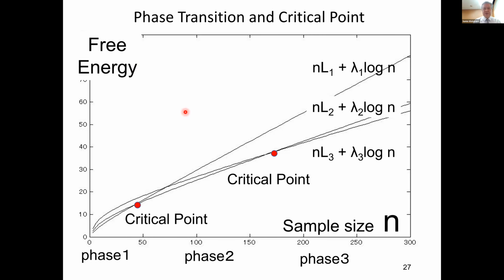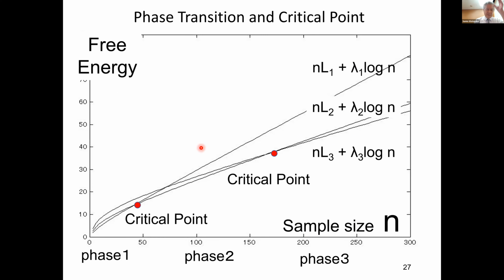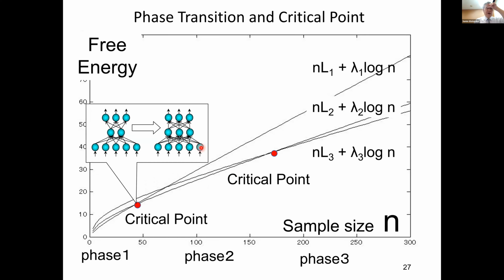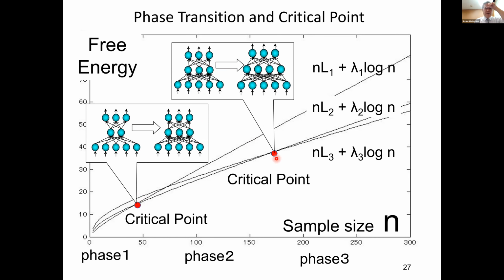Thus, this is the mathematical structure of why the jumping process from here to here occurs. In this critical point, the jumping process occurs, and in this critical point, the jumping process from here to here occurs.